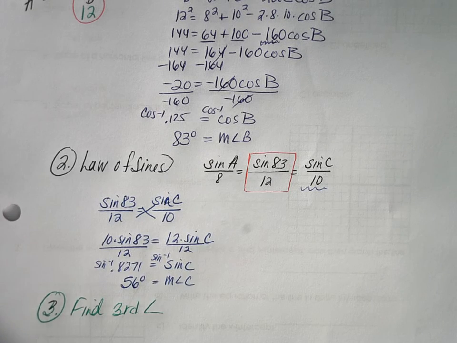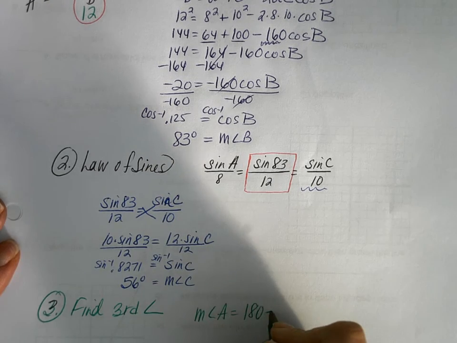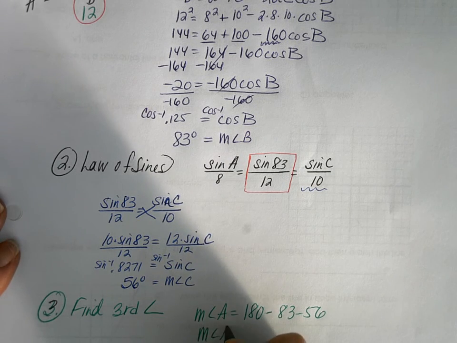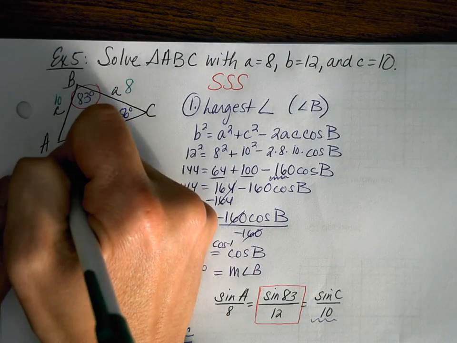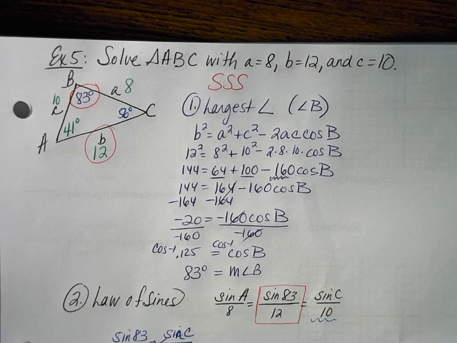All right, so to find angle A, I'm going to do 180, subtract the other two, which is 83, subtract 56, and how much is angle A? 41 degrees. So I'm going to come back up, and I'm going to make angle A 41 degrees. I'm good. I found every angle. I found every side. Any questions with that? Okay.